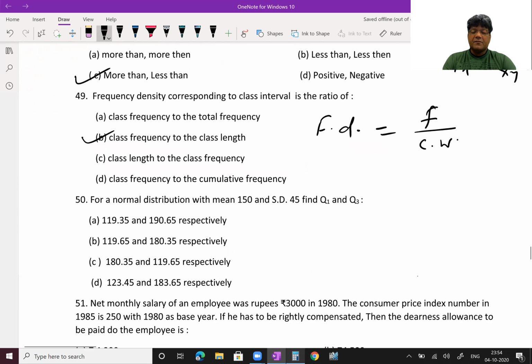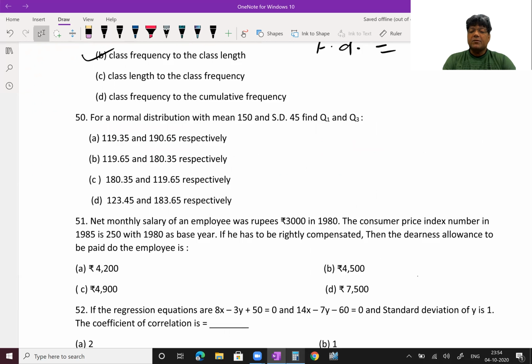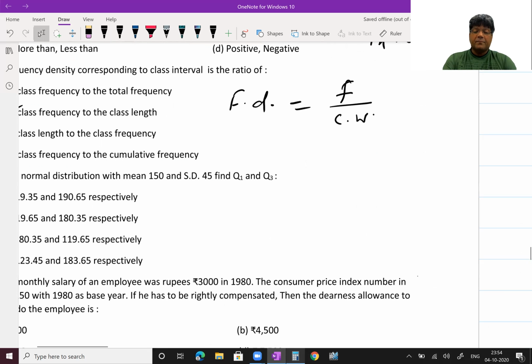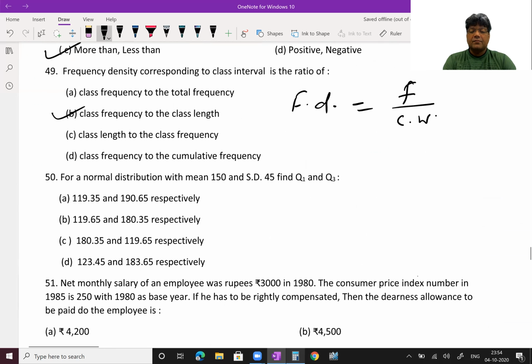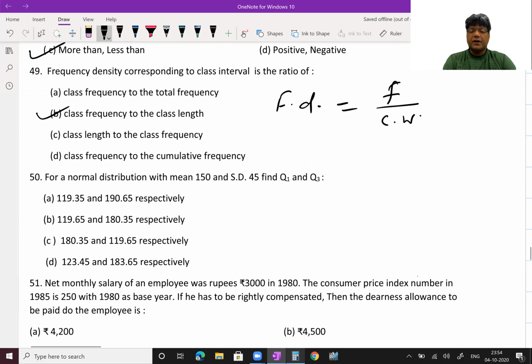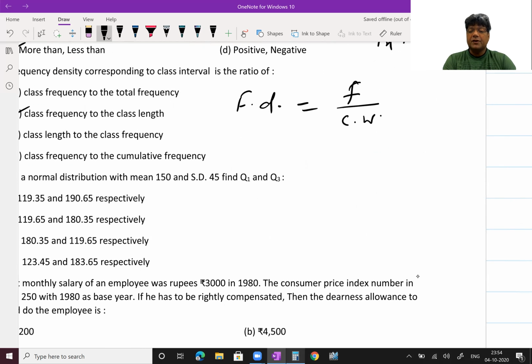For a normal distribution with a given mean and SD, find Q1 and Q3. Guys, you remember the Q1 calculation formula: mu minus 0.67. At that time also I told you, reminding again, the actual value is 0.6745 into sigma.